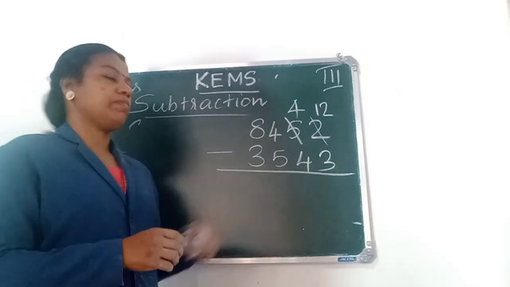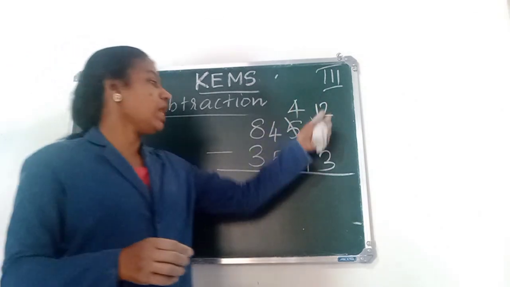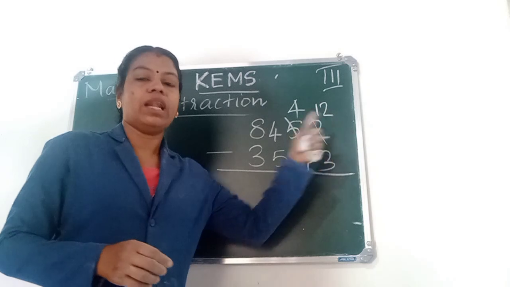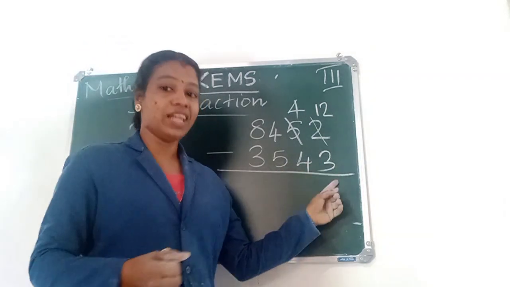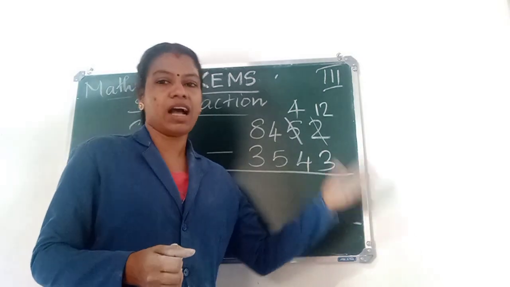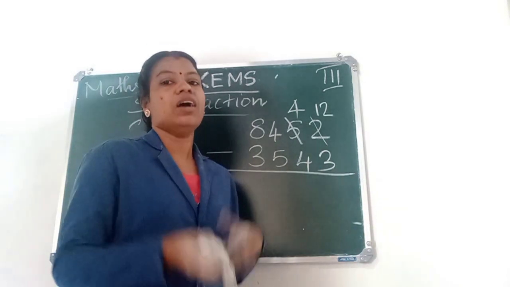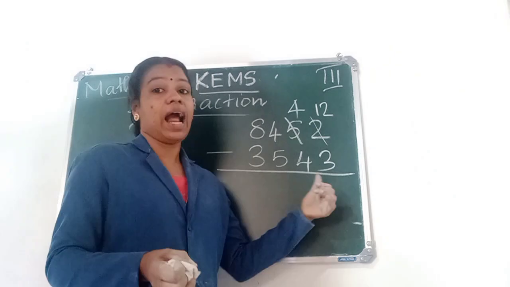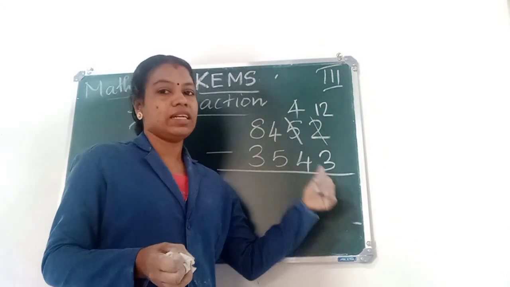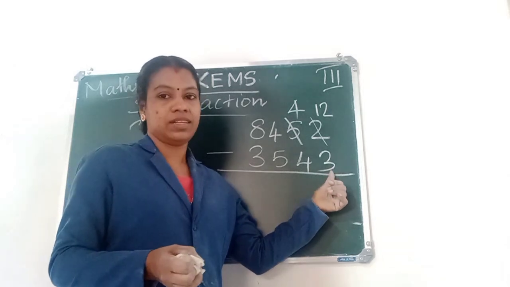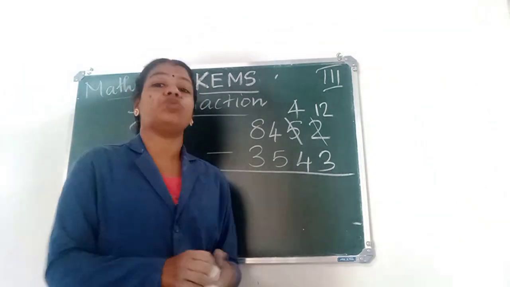Clear? Now subtract. 12 minus 3. I told you, count from 3 to 12. That is better. What number should be added to this 3 to get 12?